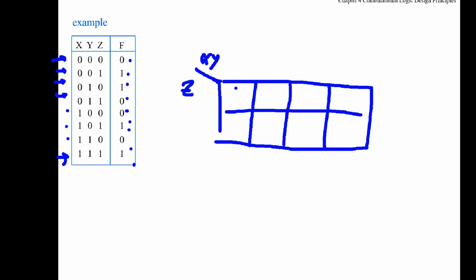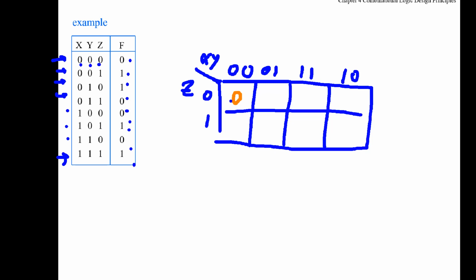The input value of this cell is, for example, 0, 0, 0, and output is 0. Let me write all possible values here.